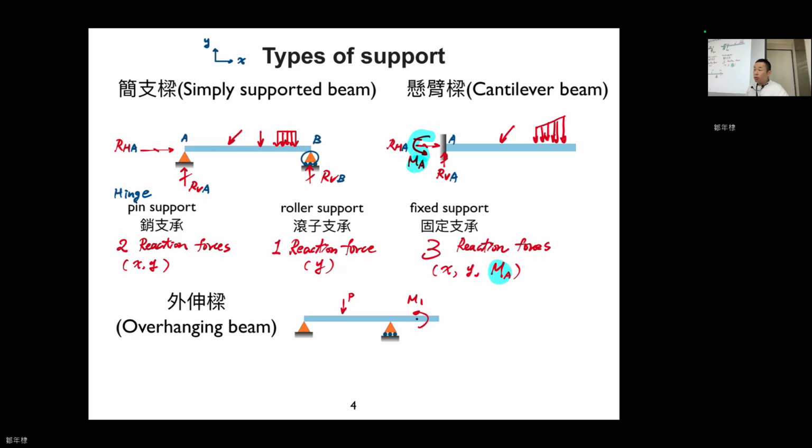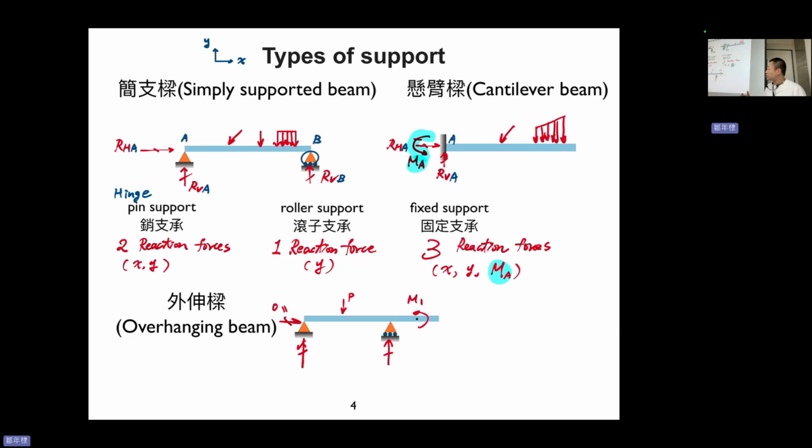And if there's a moment like this and 1, okay? So now I can tell you directly, this gives 2 reaction forces, and this is a roller, so it only has 1 force. And again, you see there's no horizontal force, so in this case it becomes 0.